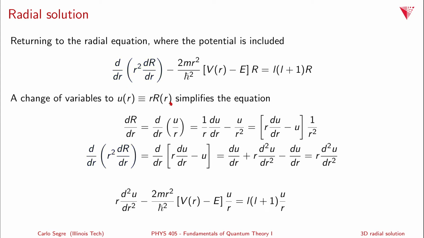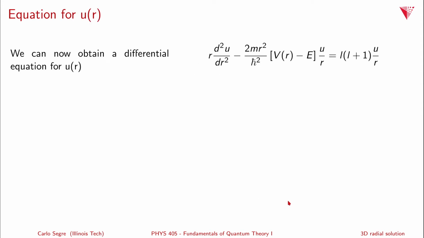If we now put this into the equation above, we have here r d squared u/dr squared minus 2mr squared over h bar squared times the quantity V of r minus E times u over r equals L(L+1) times u over r. We can now obtain a differential equation simply for u.